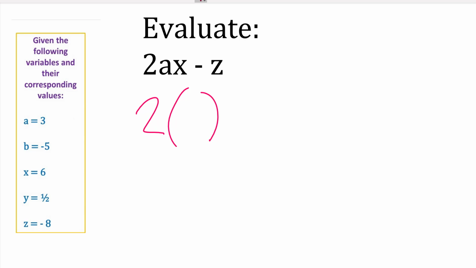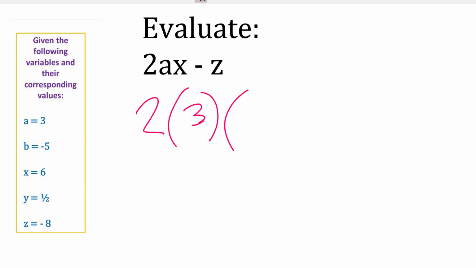So this is 2, then a, and we put the 3 here, and then multiplied by x. Again, there's another parenthesis. If the parentheses are beside each other, that means they are to be multiplied.